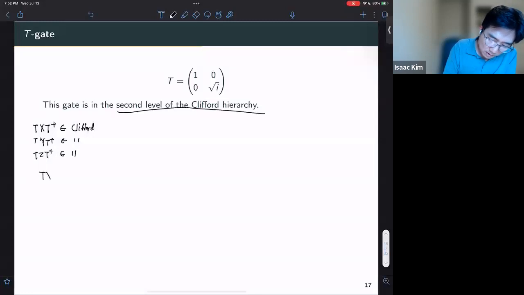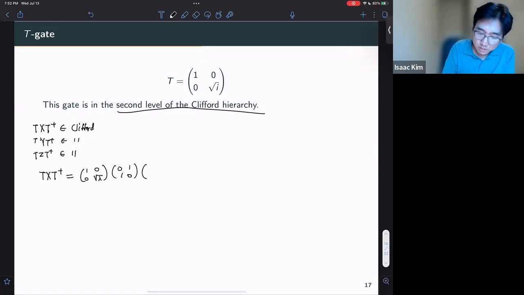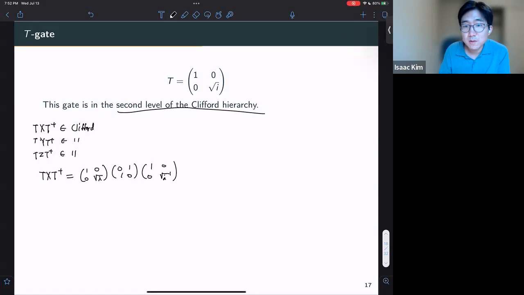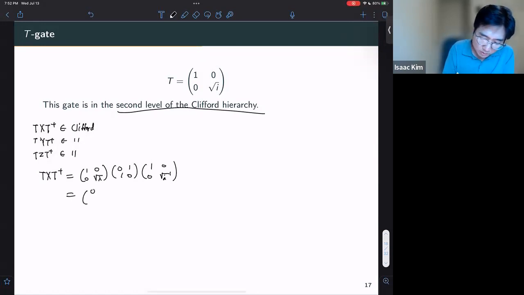So T X T dagger is equal to the product of the matrices, with square root of i and its inverse, and once you do all the calculation, which is not that hard, you get square root of i, minus 1, square root of i.